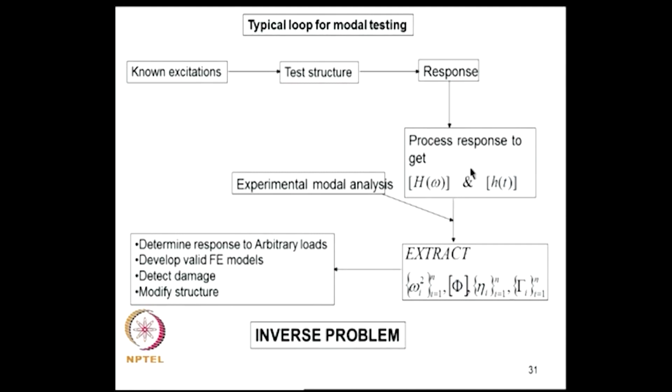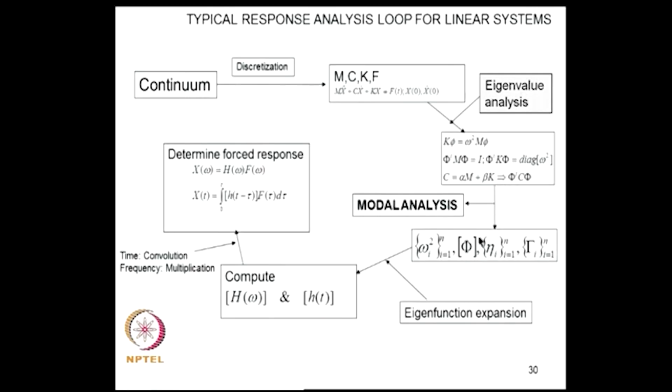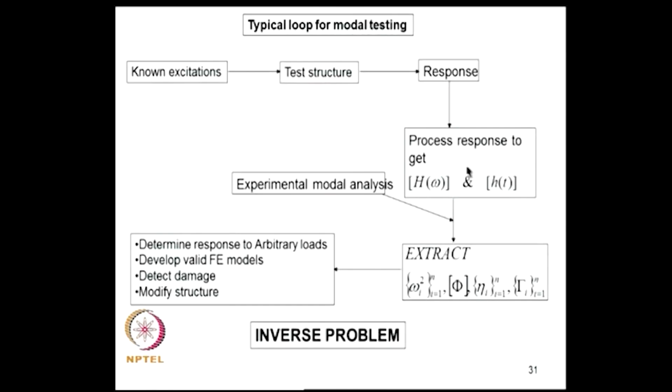This is in contrast to the modal analysis in computational modeling, where, knowing the structural matrices, we perform an eigenvalue analysis and find these quantities, and that we use to compute the response. Here we measure the response and extract this information from the measured responses, and from this we would like to construct models for the structure, that means mass, stiffness, damping matrices and so on.